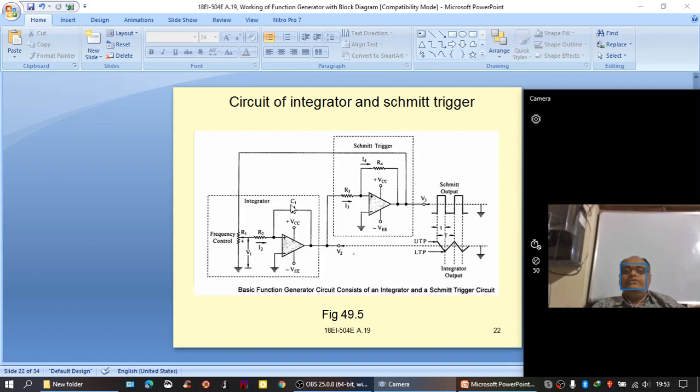Total current flows into the capacitor only. No current enters into the operational amplifier. So a current of V1 by R2 flows through the capacitor, and the capacitor starts charging in this direction, that is positive here and negative here.